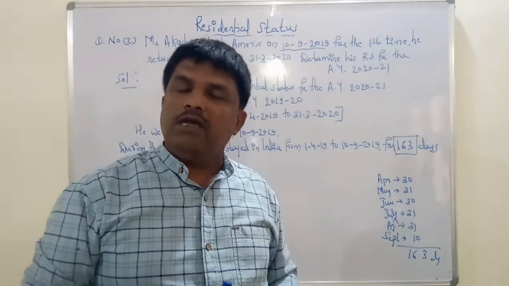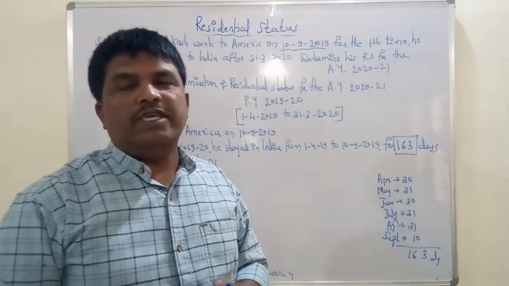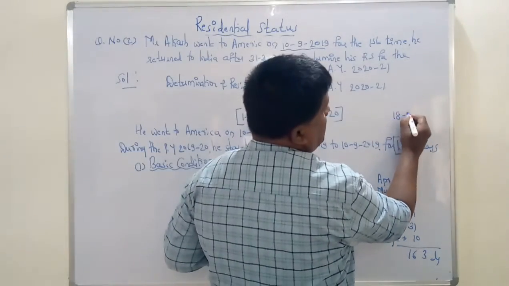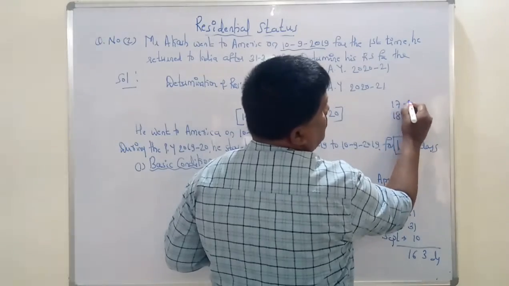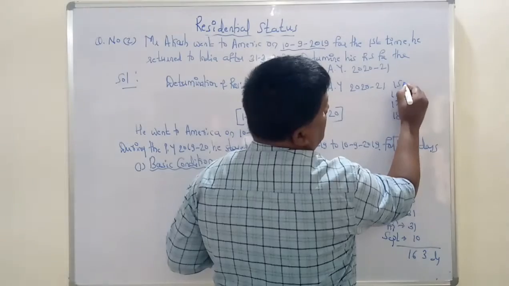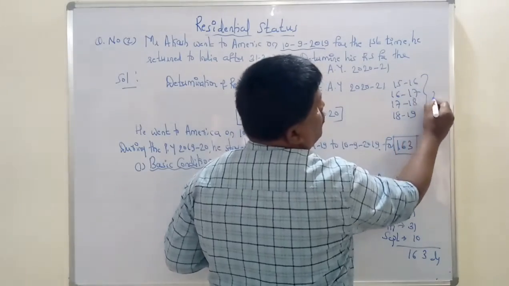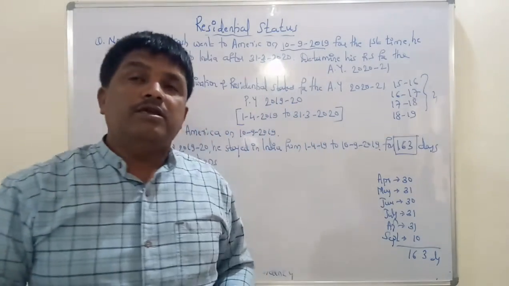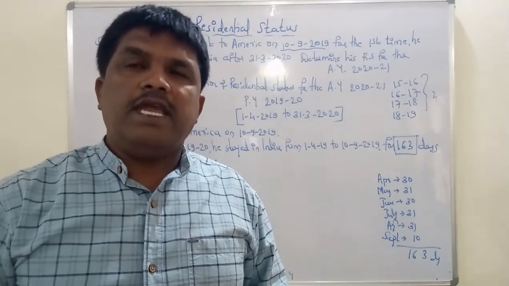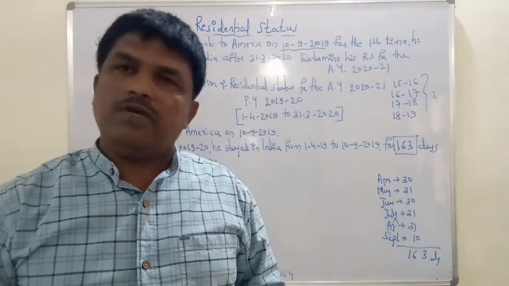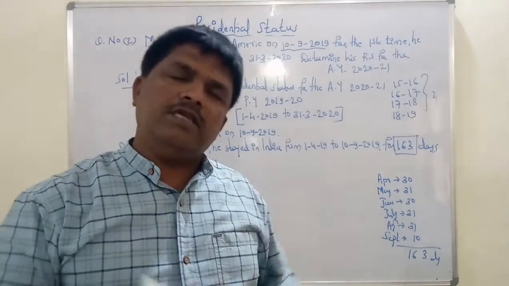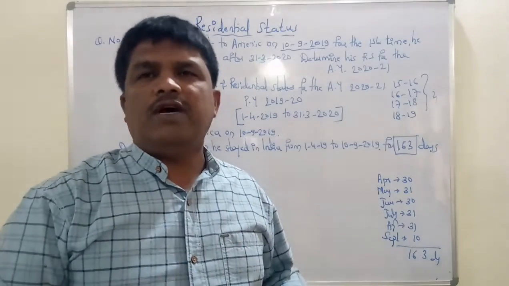Another point: we must see whether he stayed in India for 365 days during 4 previous years immediately preceding the previous year. The previous year is 2019-2020. So preceding it, 4 previous years means 2018-19, 2017-18, 2016-17, then 2015-16. Total 4 previous years. During these 4 previous years, he must stay in India for at least 365 days. He was in India for 365 days because in all of those previous years he was in India.